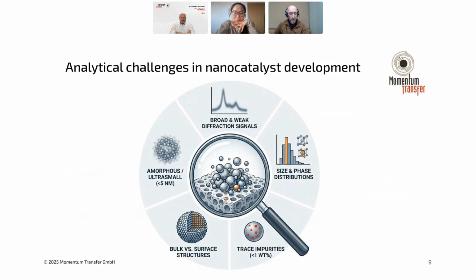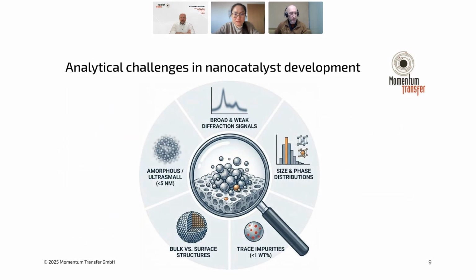Why do we want to explore that? Because for nanocatalyst development, we run into exactly those problems. Okay, we have important components that are either amorphous in some sense, or rather ultra small nanoparticles or domains. We have significant amounts of surface structures that are very important to functional interactions in heterogeneous catalysts.